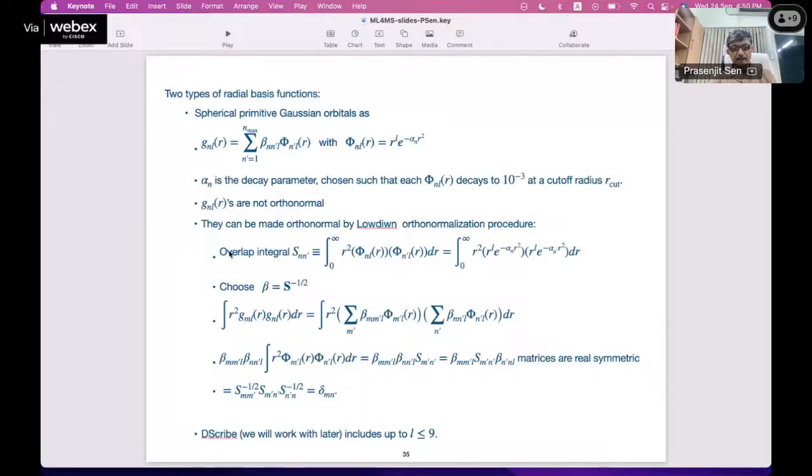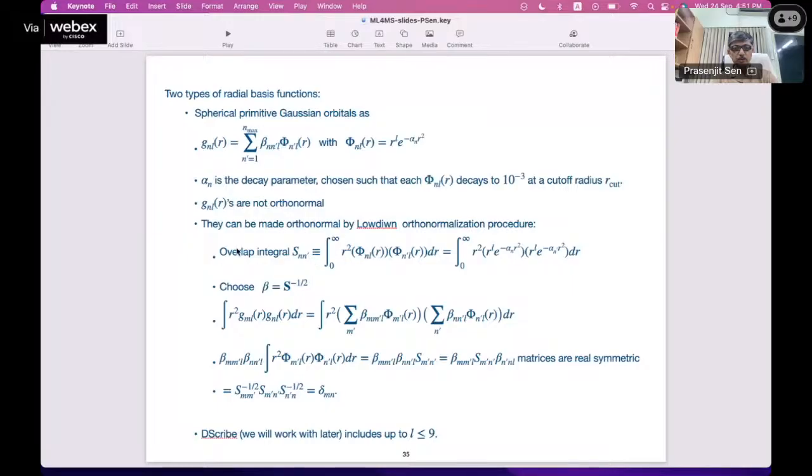And of course, alpha n is a decay parameter, which decides how fast these Gaussian functions decay. Now, the g's are in general not orthonormal, because Gaussian functions are not orthonormal, but it turns out that you can choose combinations of these Gaussian functions so that the g's become orthonormal.